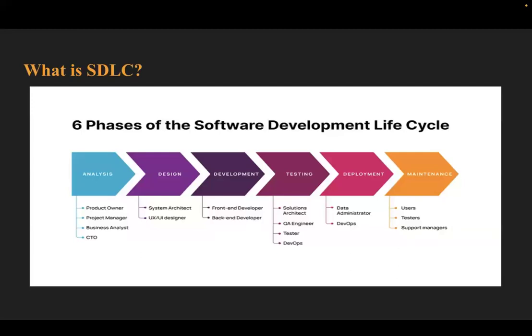So what is the SDLC process? In order to develop that application, people in the industry follow the SDLC process. There are many processes, like Agile and SDLC, that you already know. As an example, in the SDLC process there are 6 phases.